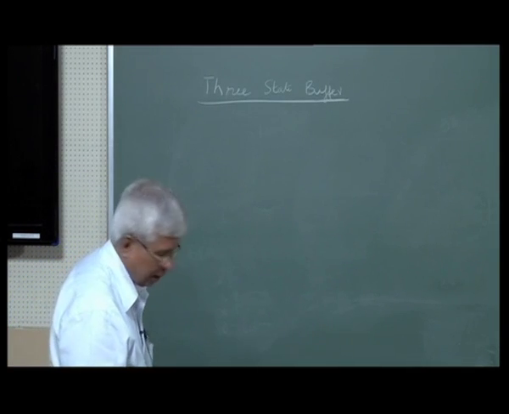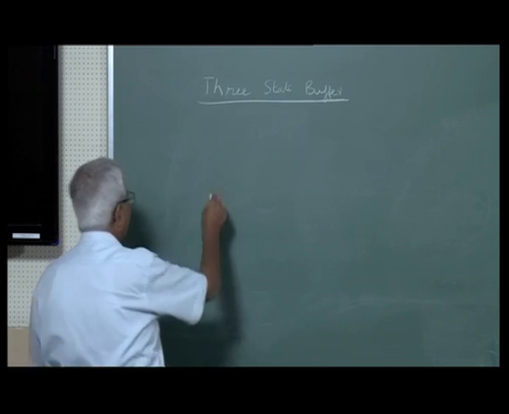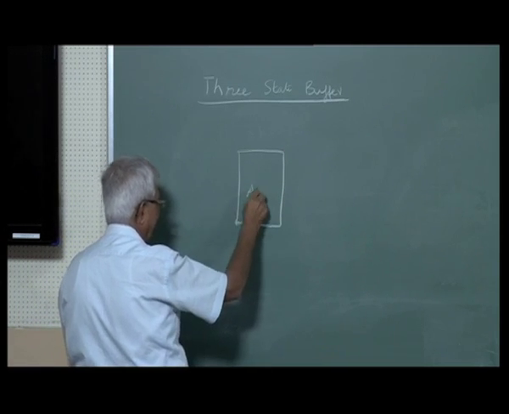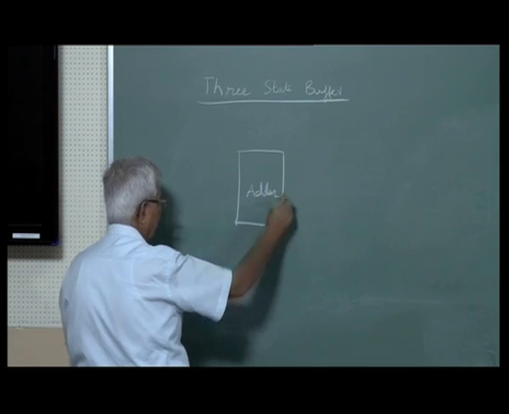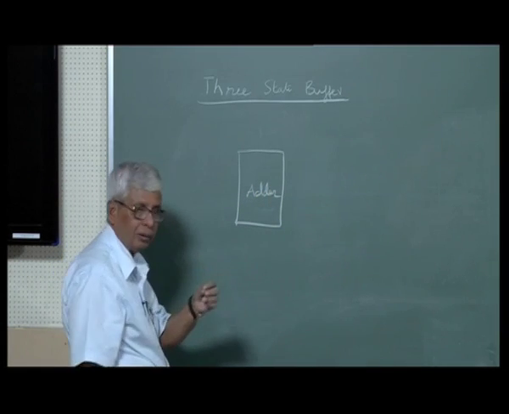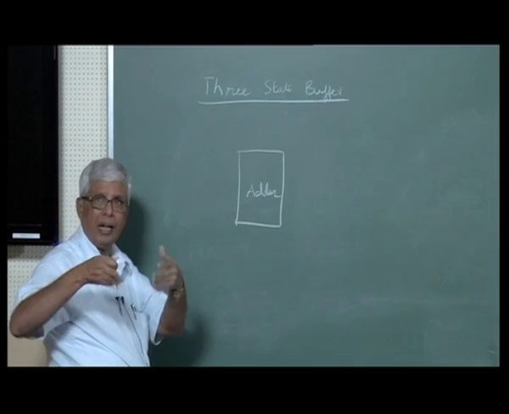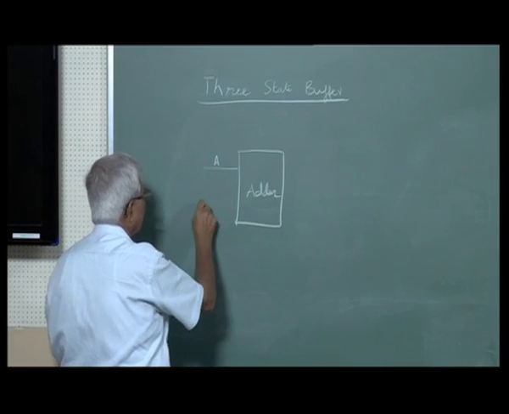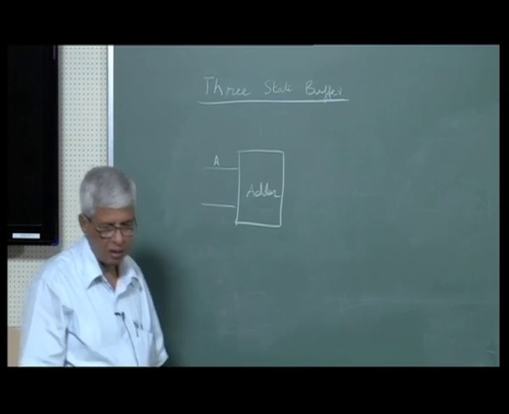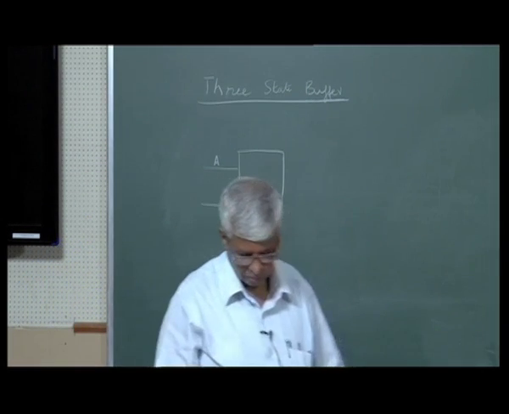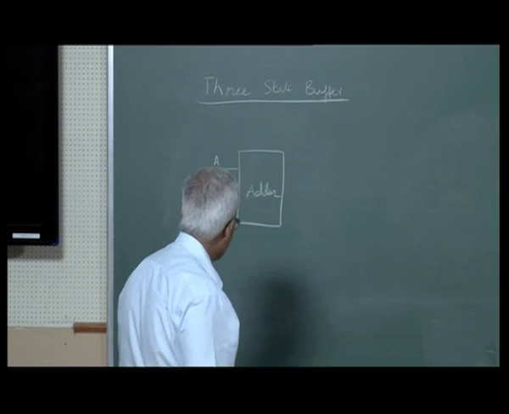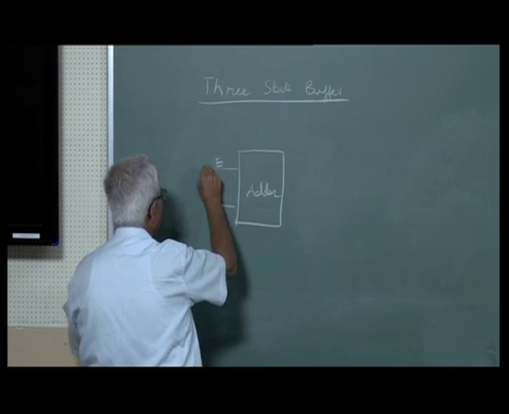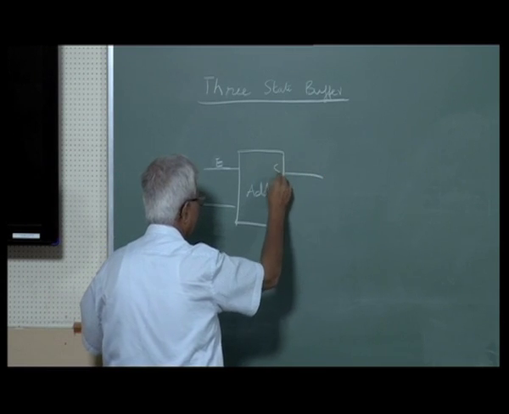A 3-state buffer is, suppose I will give you a simple idea. Suppose I have an adder. I will say adder because we are going to define full adder, half adder and all later on. I want to add two numbers. One number is called E, and we have sum and carry.